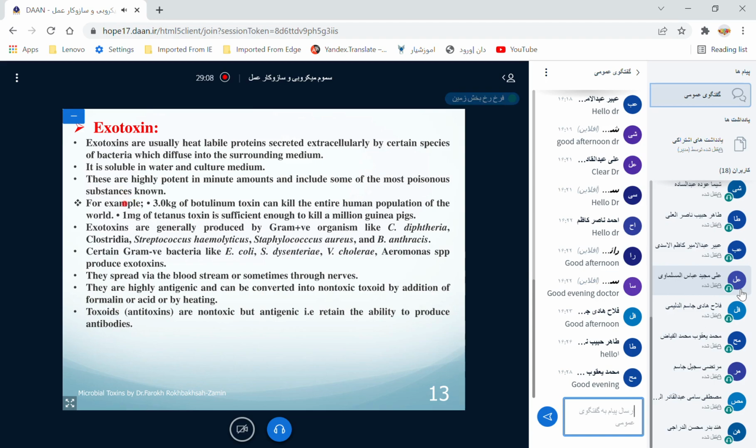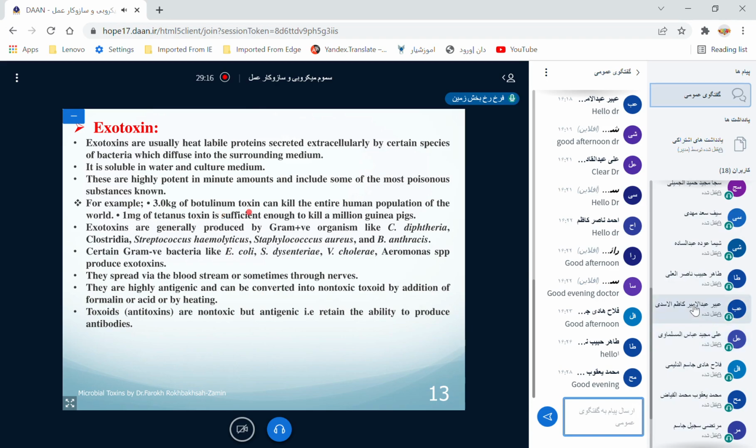For example, if we have only 3 kilograms of botulinum toxin, you know, botulinum toxin is a toxin produced by Clostridium botulinum. It is not produced inside the body. It is produced in food, like canned food.